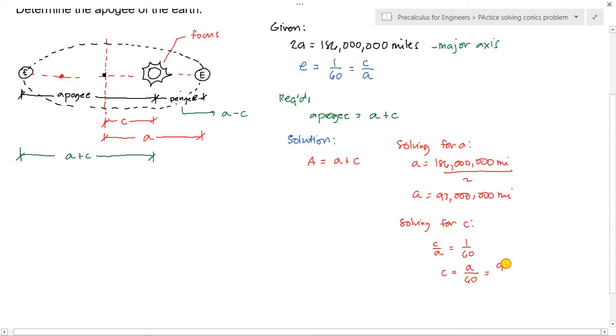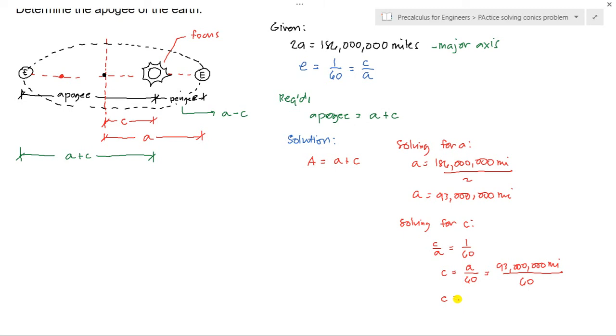So A is 93 million miles divided by 60. Now the measurement of our C, we divide 93 million by 60.